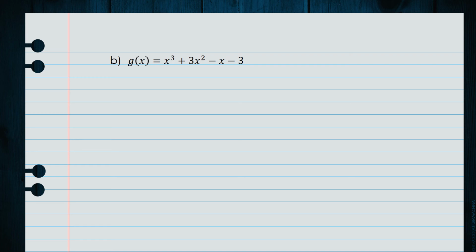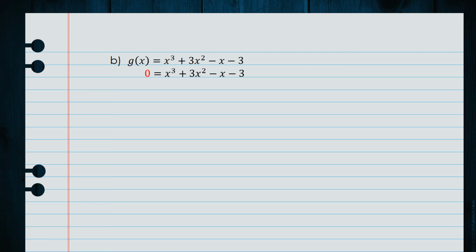So again, the first step to identify zeros, we have to rewrite this function notation set equal to 0. Now what's different about this function is that it's not written in factored form, so we will need to factor it. Notice we have 4 terms, and when you have 4 terms, we try factor by grouping.